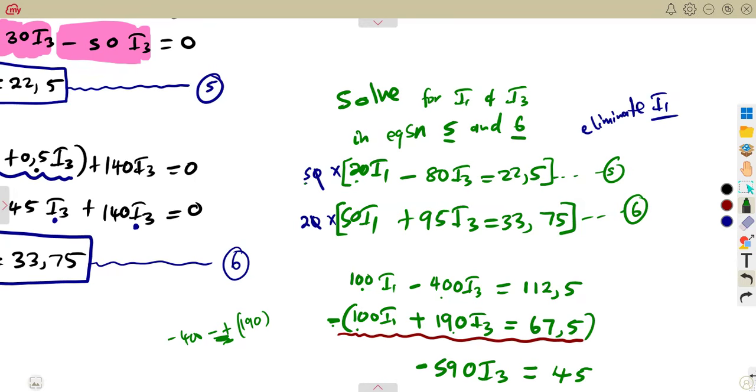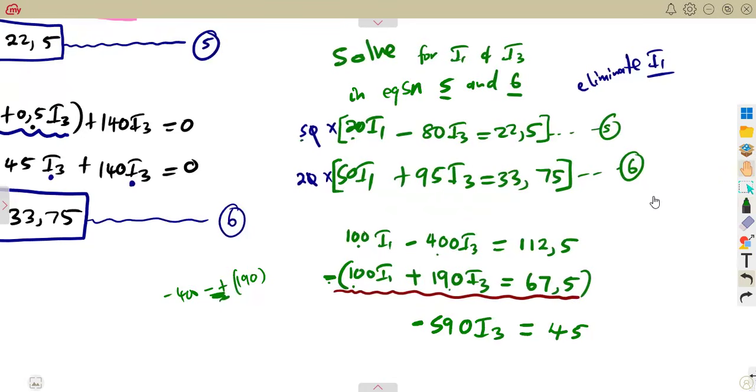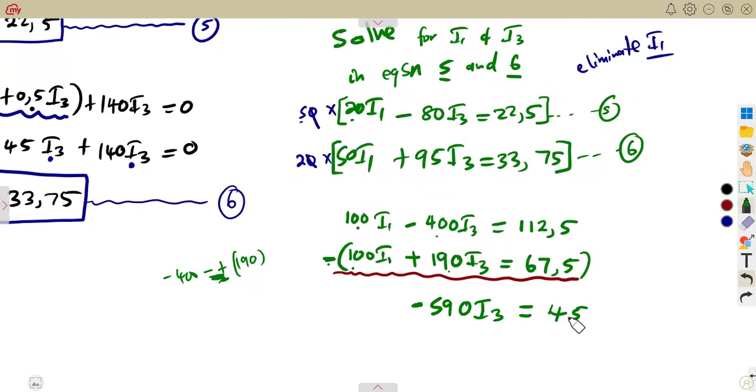So that was a 45 there, and we can divide by this number so that you obtain the value of I3. There's a minus 590 there. If we divide both sides by negative 590, that's going to give us the value of I3.